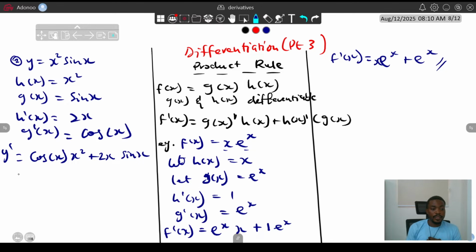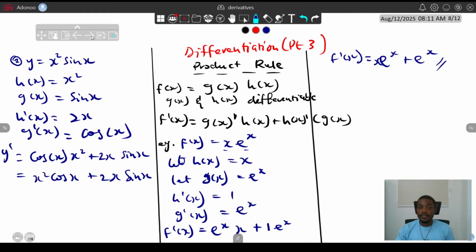So at the end of the day, this will be the outcome: x squared cos x plus 2x sin x. So this is how the product rule works.